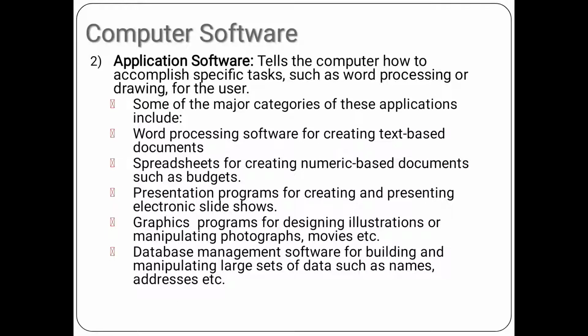Some of the major categories of these applications include word processing software for creating text-based documents, spreadsheets for creating number-based documents, presentation programs for creating and presenting electronic slide shows, graphics programs for creating or manipulating photographs, and database management software for building and manipulating large sets of data such as names, addresses etc.